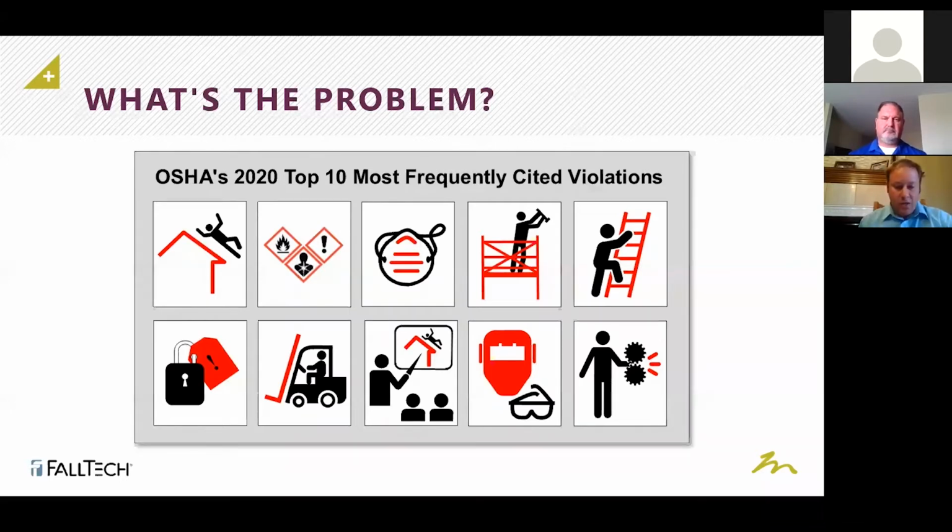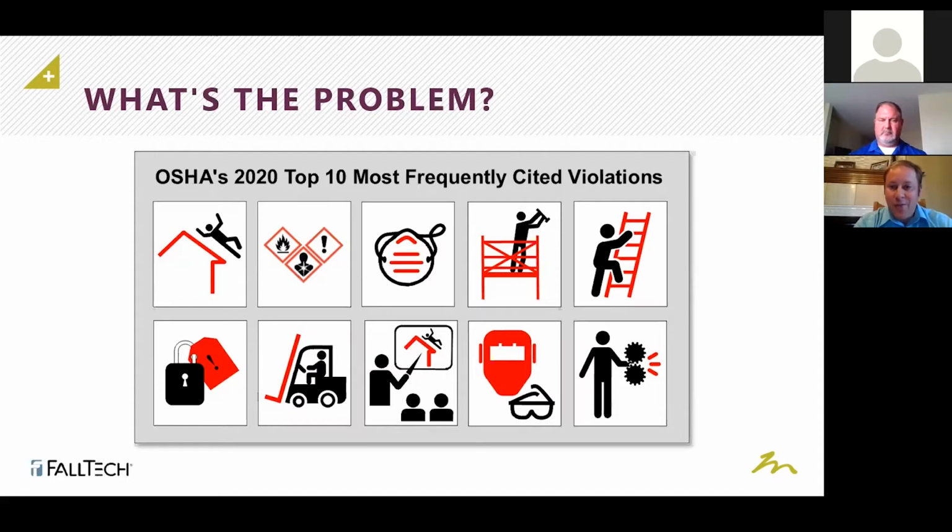But not only just the statistics from the Bureau that we look at, when you look at OSHA's most recent frequently cited violations in 2020, that first little box in the top left corner there, of course, is falls. And this is failure to provide fall protection systems specifically. Now, that language is critical, because when I say systems, again, it's not just fall arrest, it's systems.